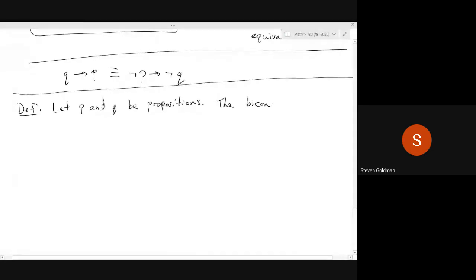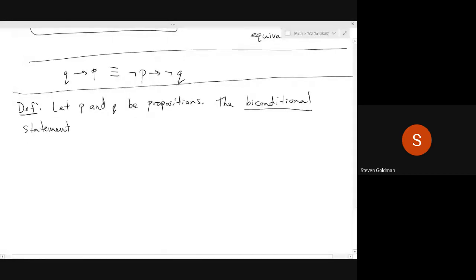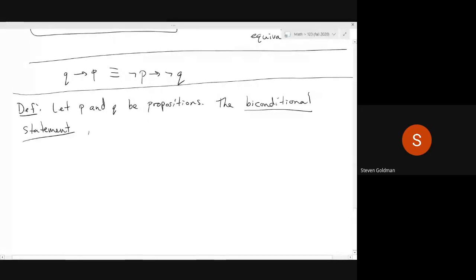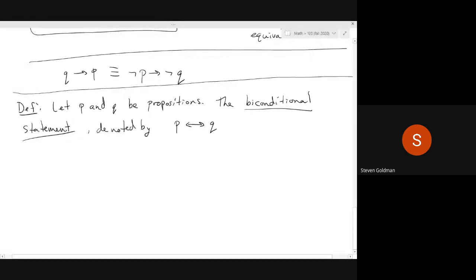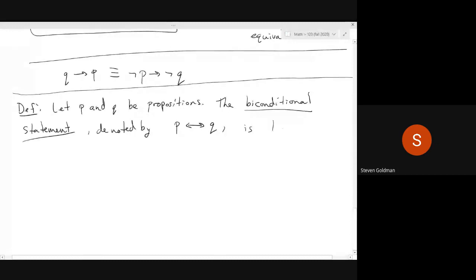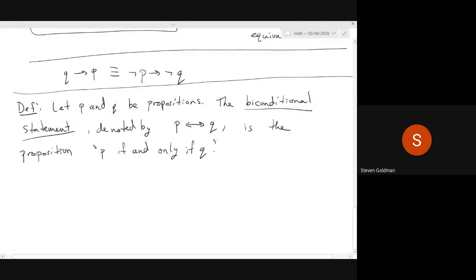The biconditional statement, denoted by this symbol here, a P followed by an arrow pointing both ways, followed by a Q, is the proposition P if and only if Q. Any sentence of this form is a proposition, and it's called a biconditional statement.